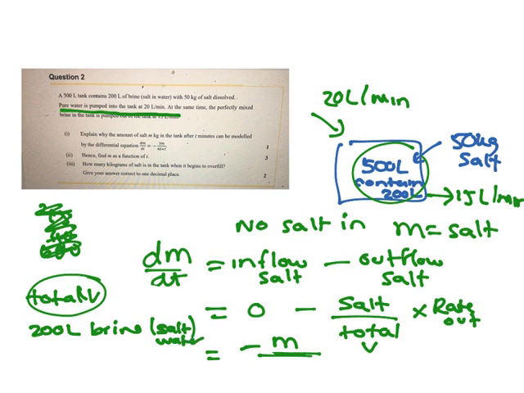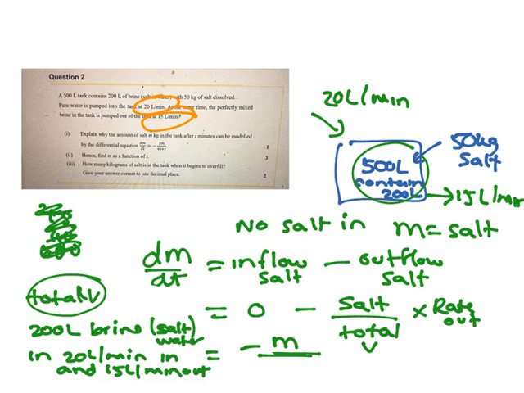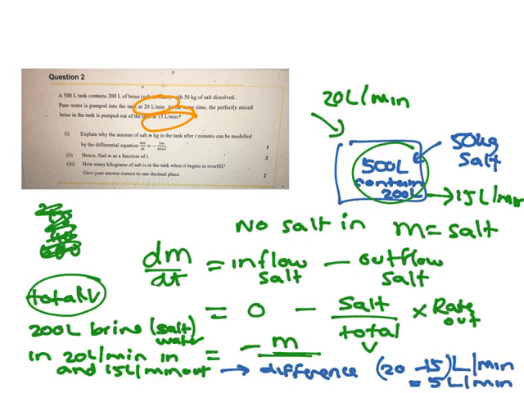And then the change in water, you have 20 litres a minute going in, and you have 15 litres per minute going out, as you probably notice up here. So 15 going out, 20 going in. That is a difference of 20 minus 15, which is positive 5 litres per minute. If there was more going out than was going in, that would be a negative value.